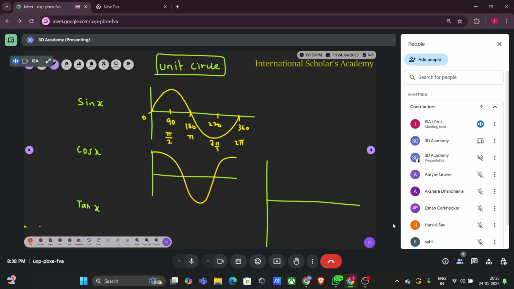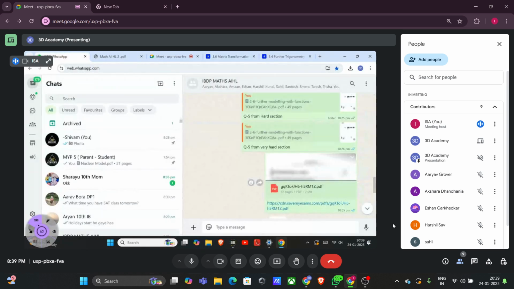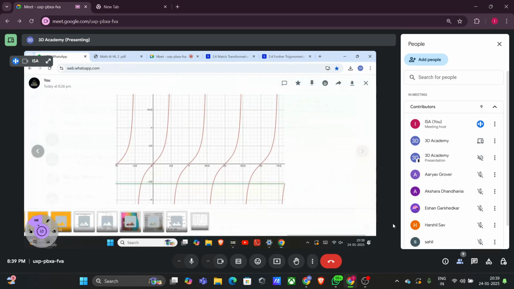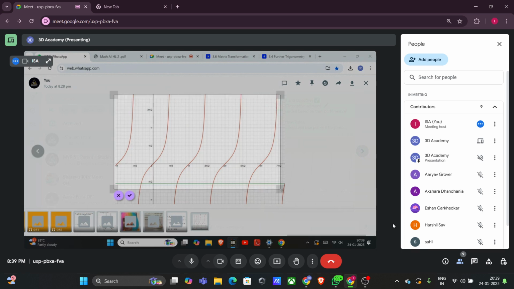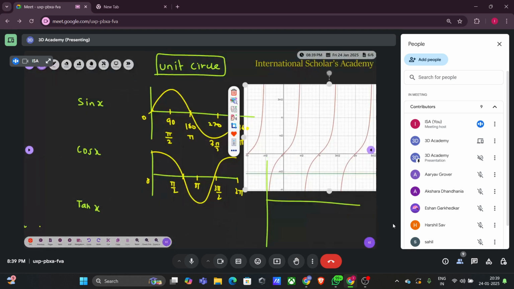Next, this is again 0, this is pi by 2, this is pi, this is 3 pi by 2 and this is 2 pi. Okay. And tan का ग्राफ ड्रॉ करने में दिक्कत होती है, so I just have taken the screenshot of tan का ग्राफ. I'll post it there. This is tan ka graph.